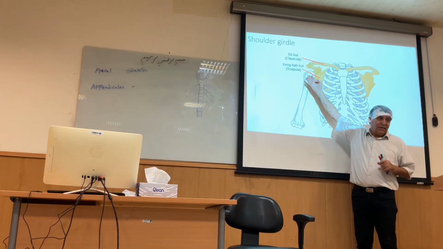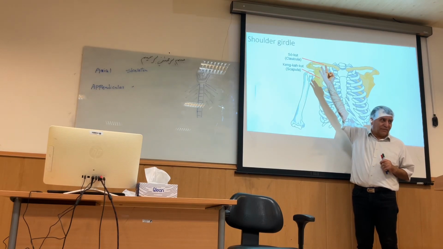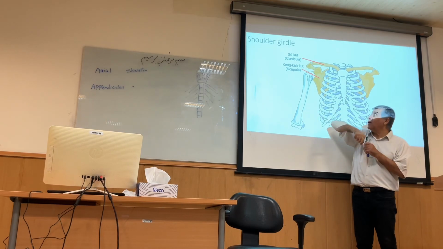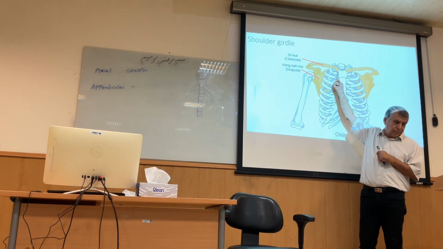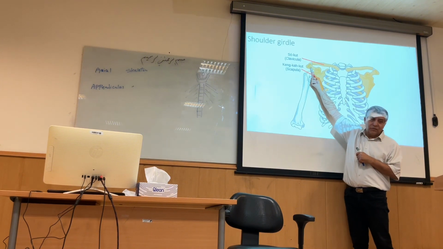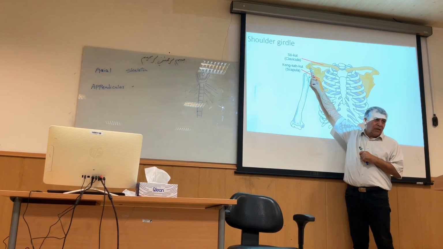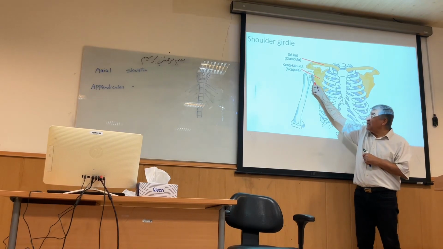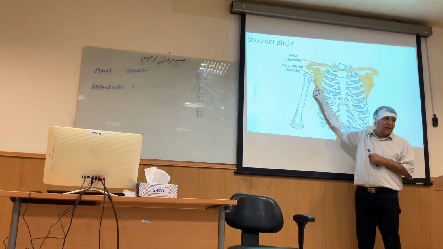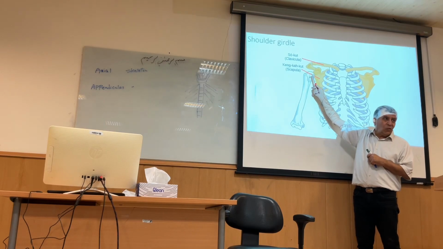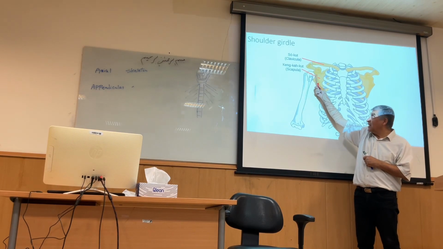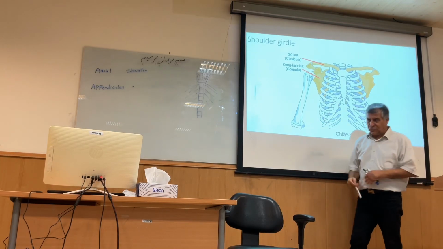This girdle consists of 3 joints: 1, sternoclavicular; 2, acromioclavicular; 3, glenohumeral or shoulder joint. Okay.